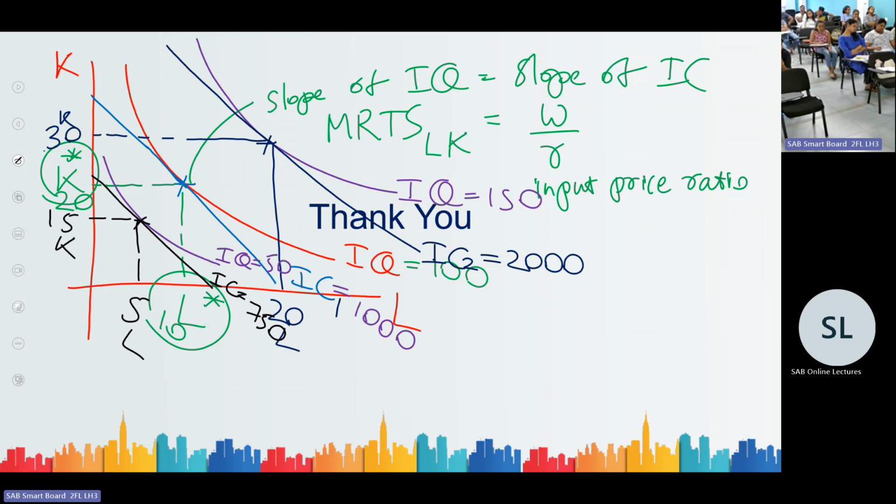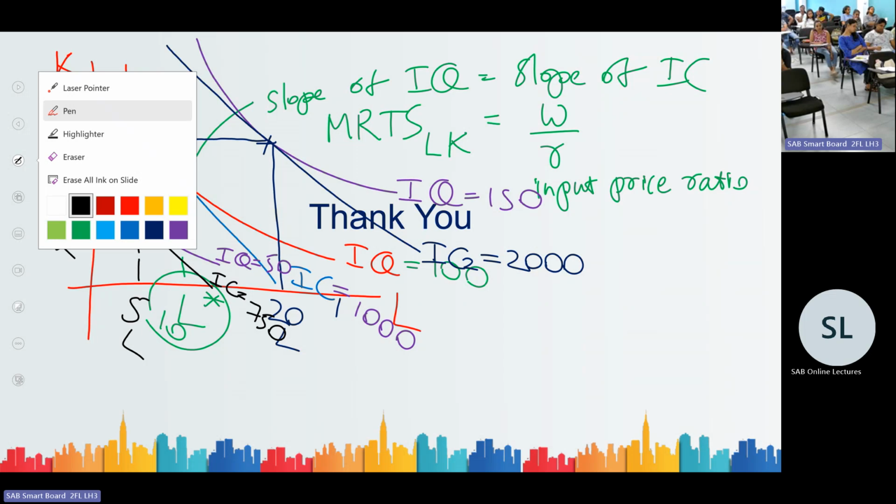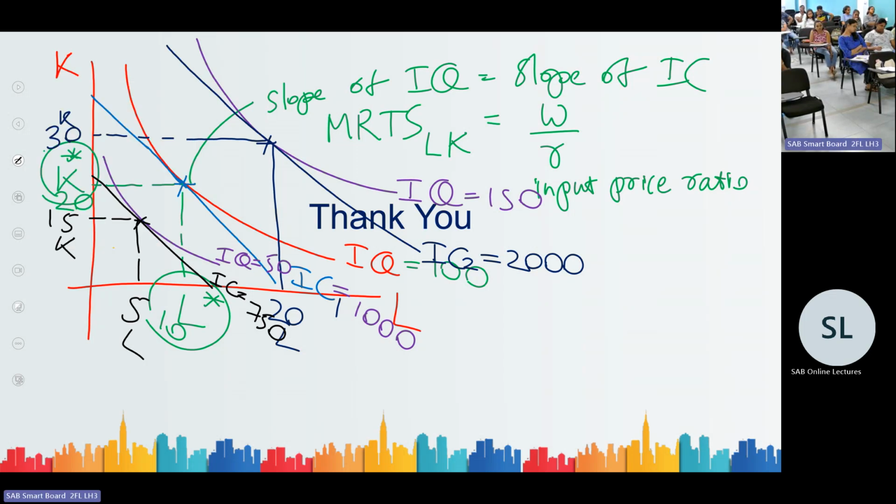So when we combine these optimum input combinations at different levels of output, this path is called the expansion path.